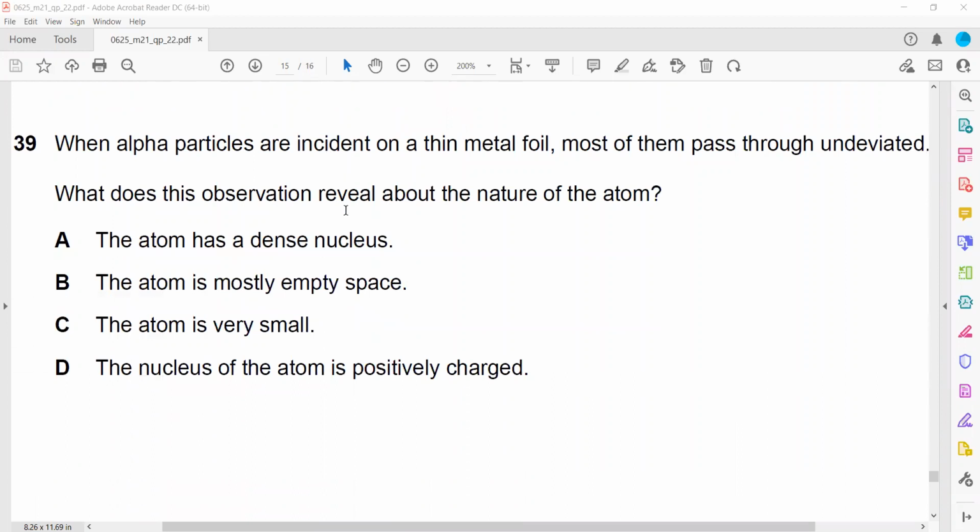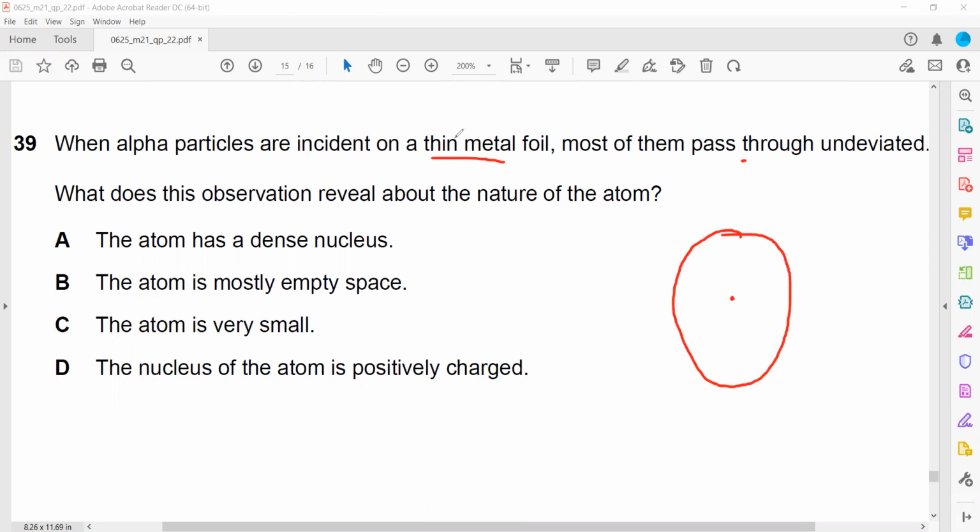Then question 39, when alpha particles are incident on a thin metal foil, most of them pass through undeviated. This is also related to the Rutherford experiment, atomic structure. That is the first observation. What was the first observation?